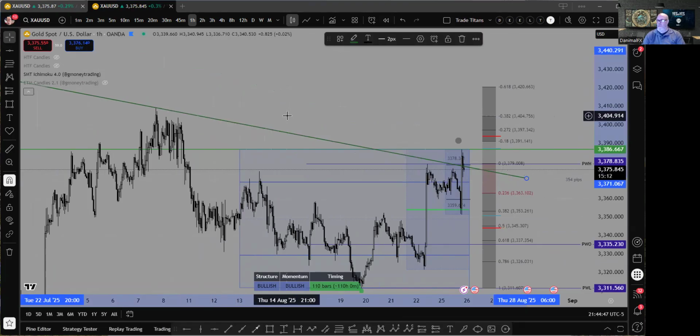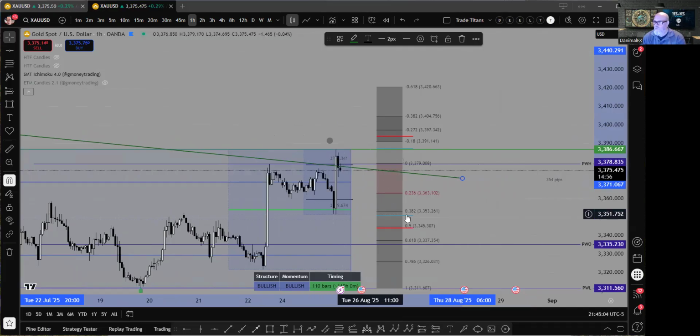We're still in a downtrend, even though we're technically bullish overall based on higher time frames. But yeah, so we got to definitely clear this level one more time. I believe we are going to come back and test this, at least the 236 or at least the 23 on this.